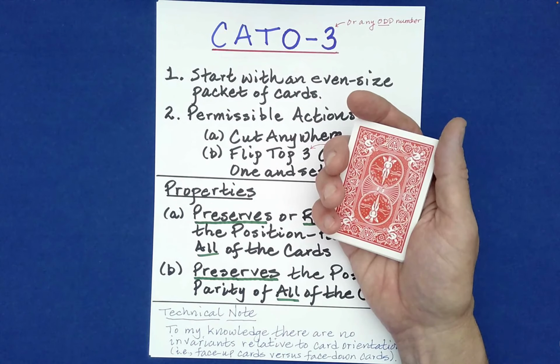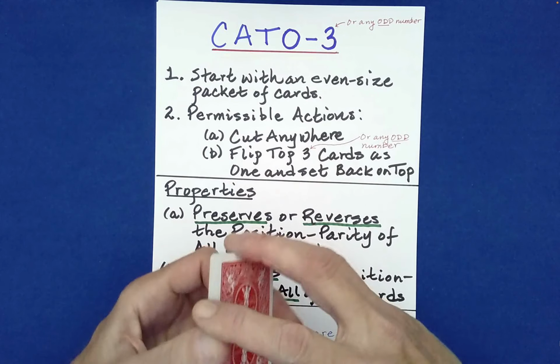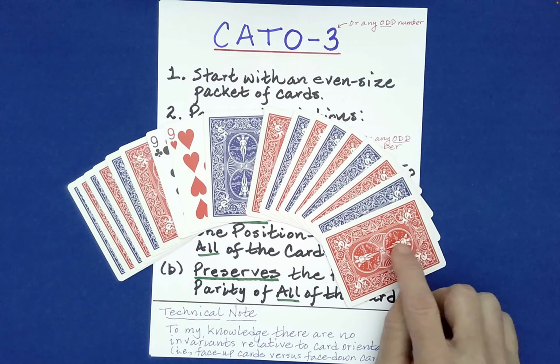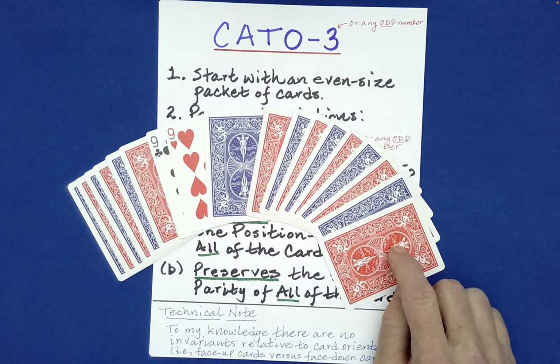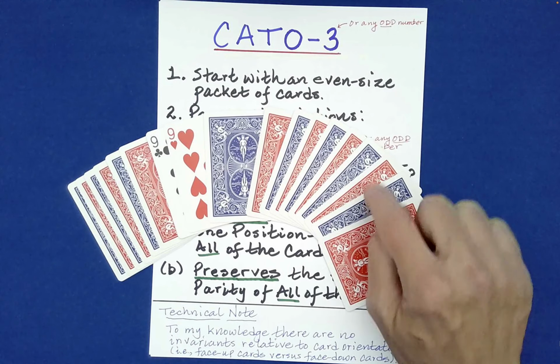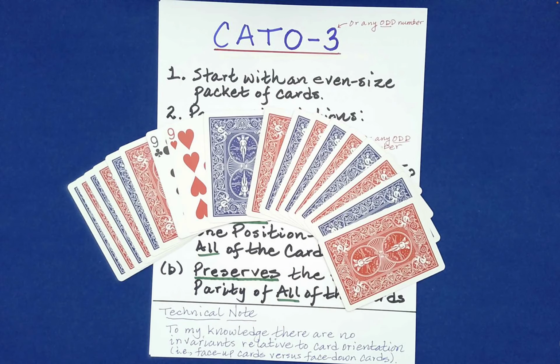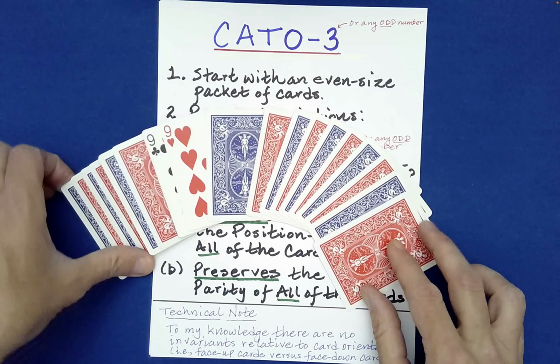In this case, we've actually reversed the position parity of all of the cards again. Remember, we had a black on top, meaning the black cards were in odd positions. But now it's the red cards that are in odd positions and the black cards are in even positions. For what we're going to do, that is perfectly acceptable. That will not undermine anything that we hope to accomplish.